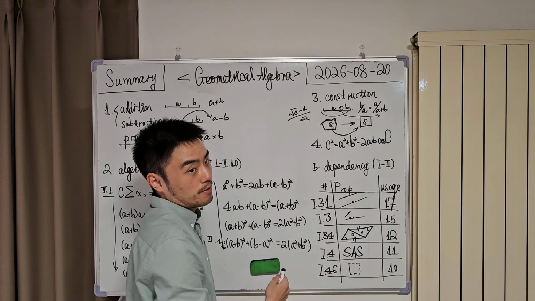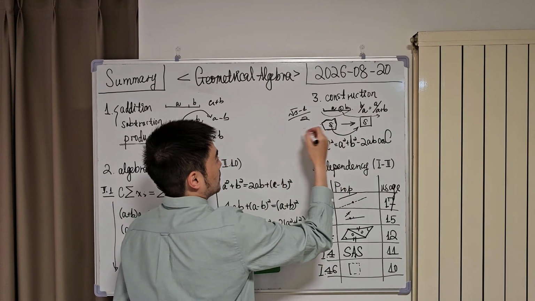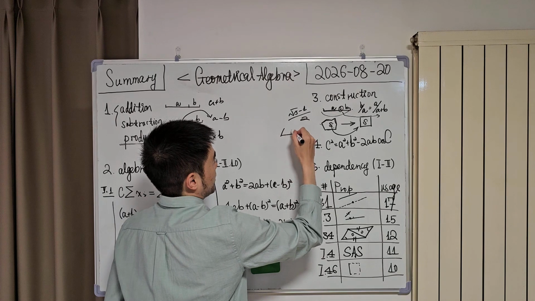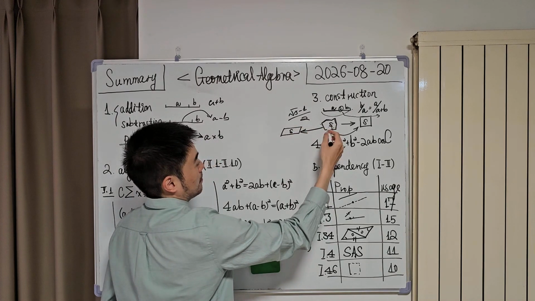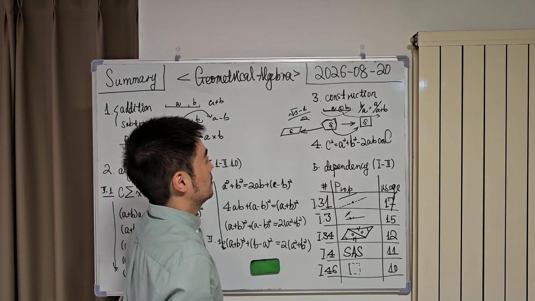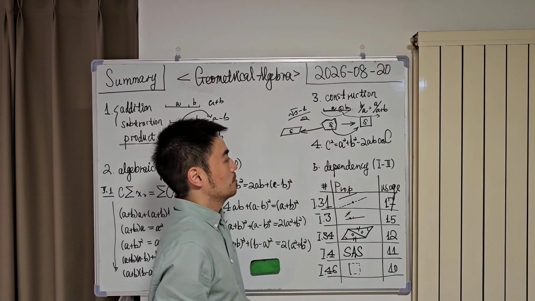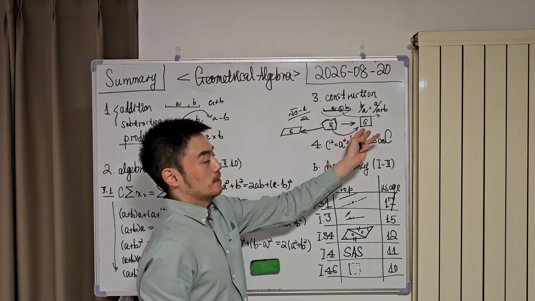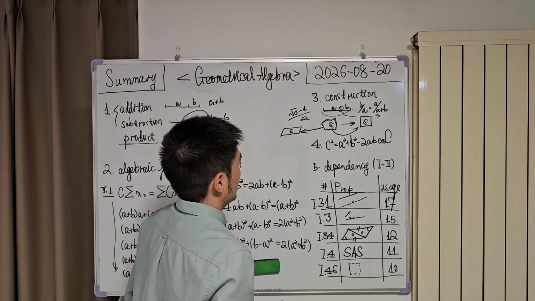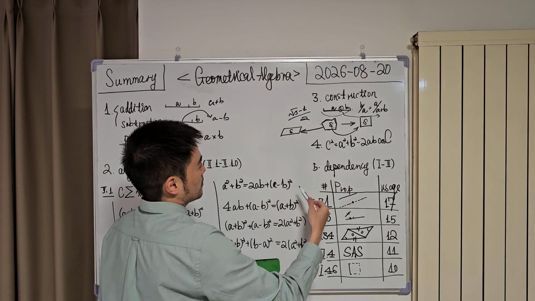And if you can still remember, in book 1 we have learned how to construct a parallelogram from a multilateral like this. And in book 2 we have specified the parallelogram to a square.